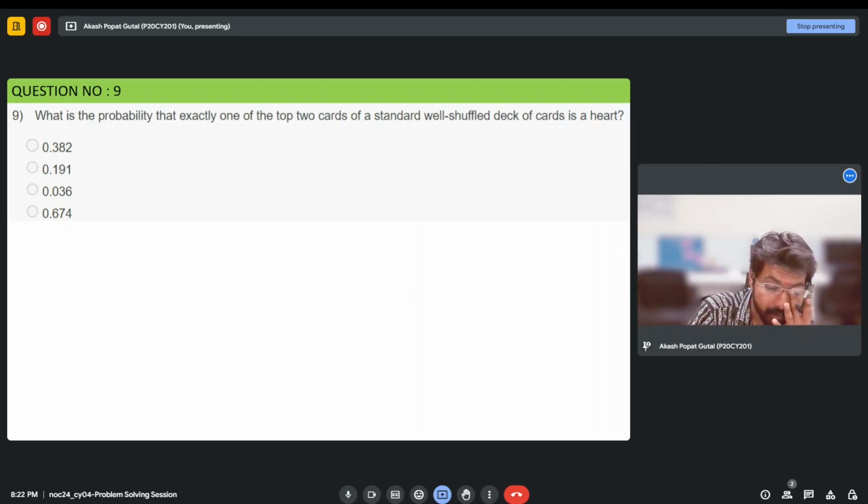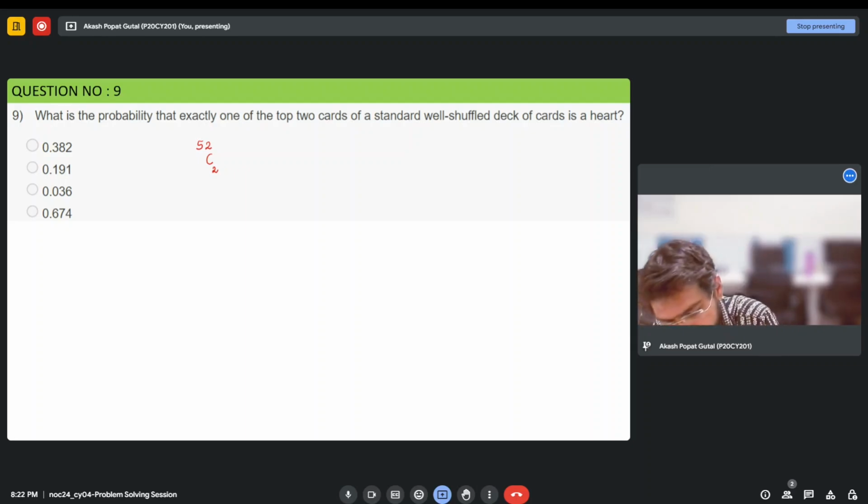First, we calculate the number of ways we can take out two cards from the well shuffled deck of 52 cards. That would be the combination of two cards from the 52 cards.